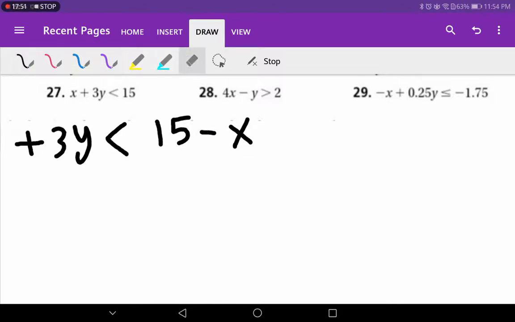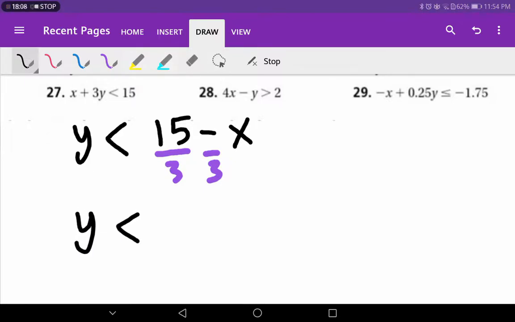Then I have to divide all the terms by 3. Now if I divide by 3, this will be eliminated, the y coming alone, and 15 divided by 3 is 5, and negative 1 over 3, keep it without change, so negative 1 over 3 x.